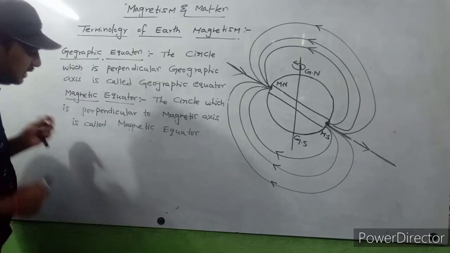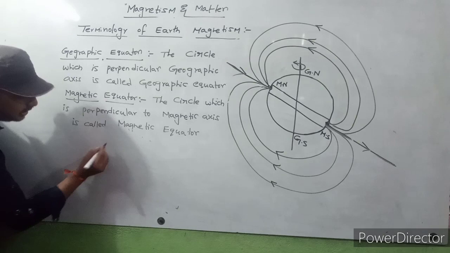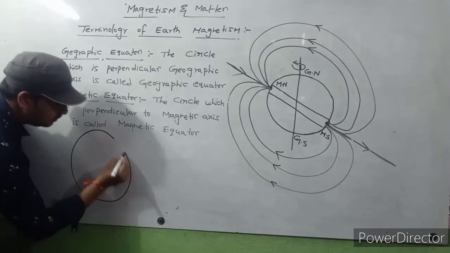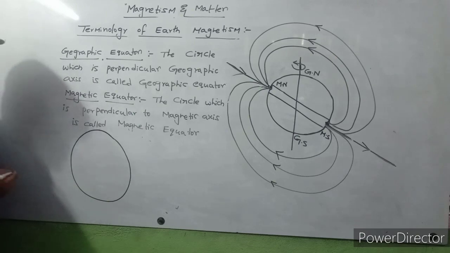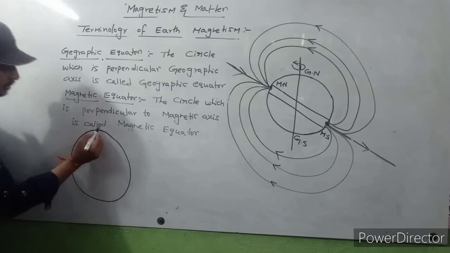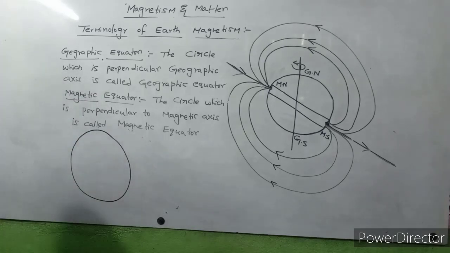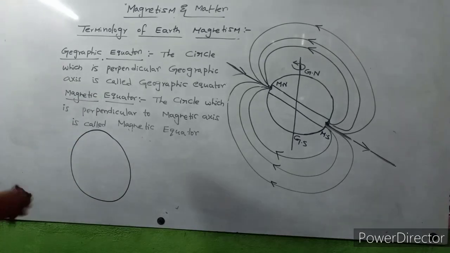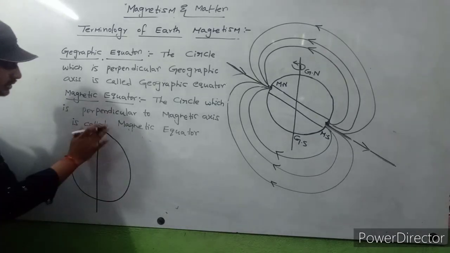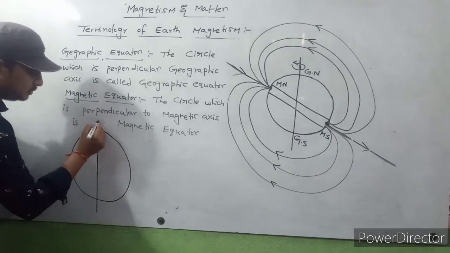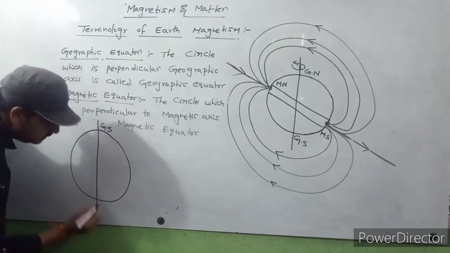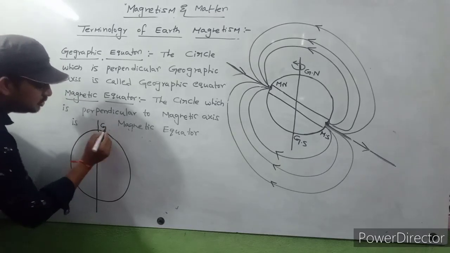Well, observe here. I will draw the diagram clearly. So this is earth. Here, this is geographic north.